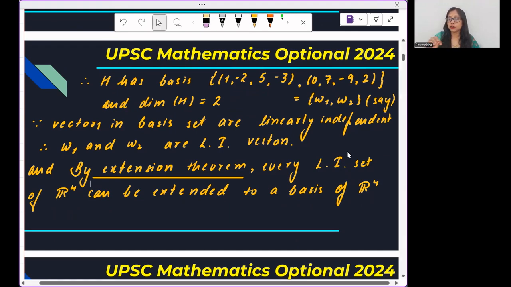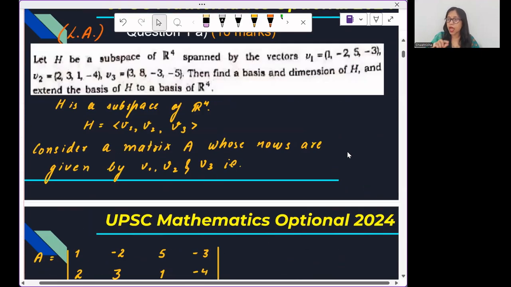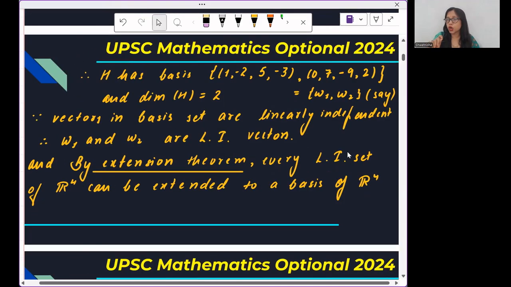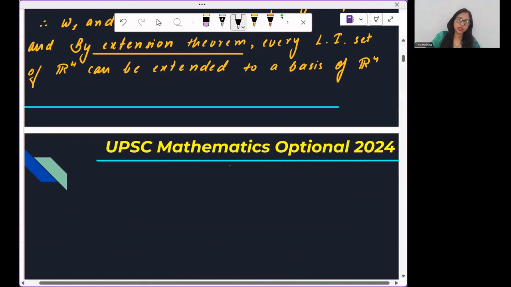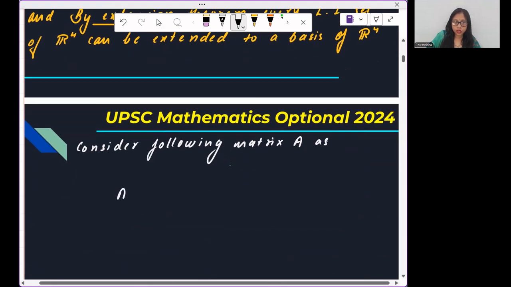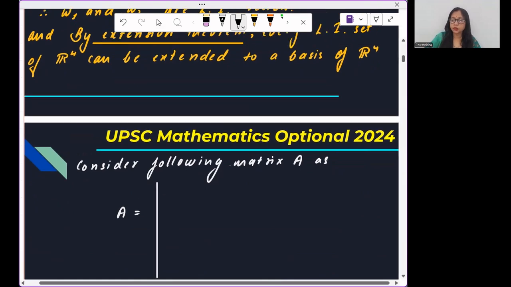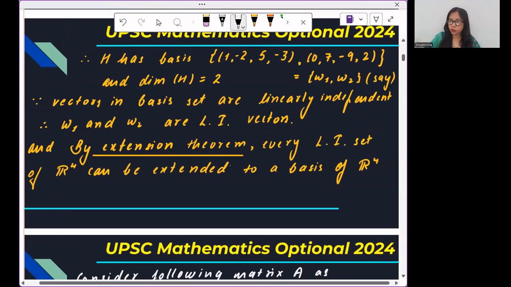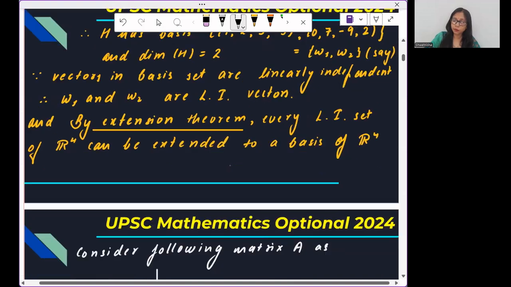So now you have to save your time as well as the space. If you do it by the usual way, what is the usual way? Consider the following matrix A as. So the usual way to do this when you extend a basis, you first write W1 and W2 because you want to keep them in your basis set.